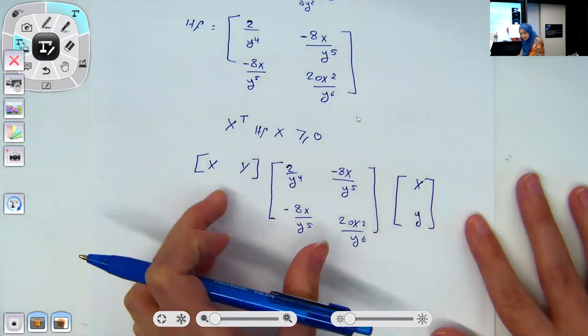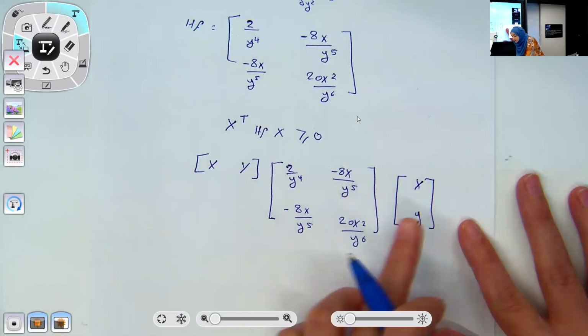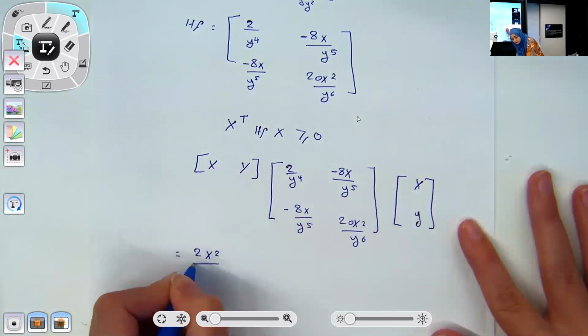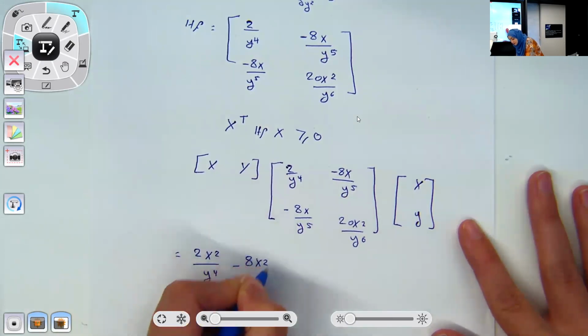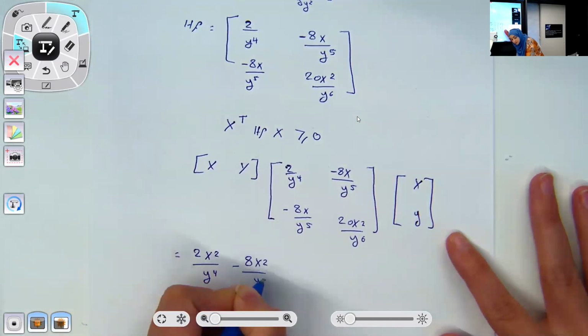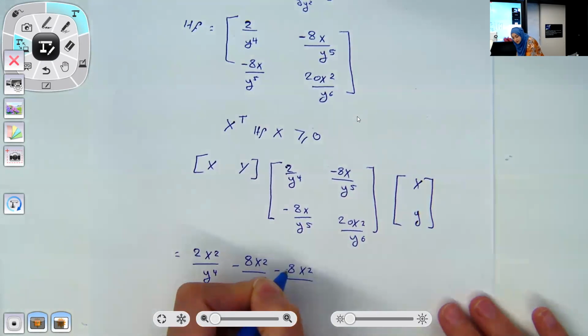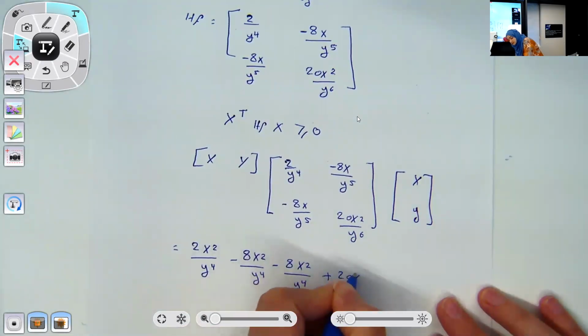If you try to simplify and multiply these together, this will give you 2x squared divided by y to power 4 minus 8x squared divided by y to power 4 minus 8x squared divided by y to power 4 plus 20x squared divided by y to power 4.